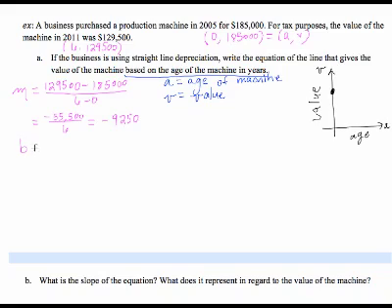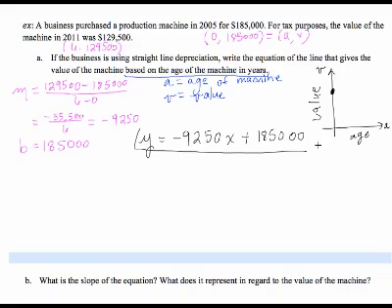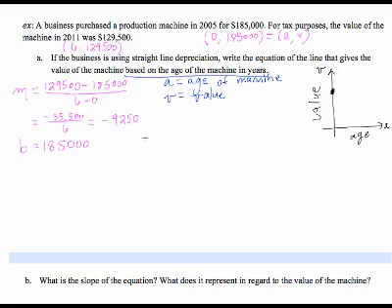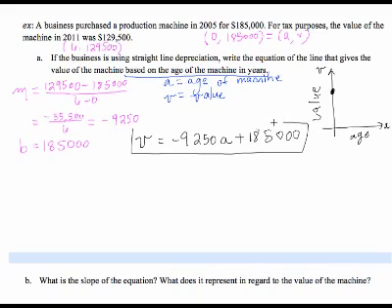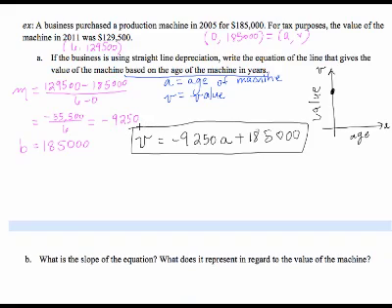So b is 185,000, and we can use slope-intercept form, y equals mx plus b, except we're not using x's and y's, we're using A's and V's. So V equals negative 9250 A plus 185,000. That's a line that models the value over time.